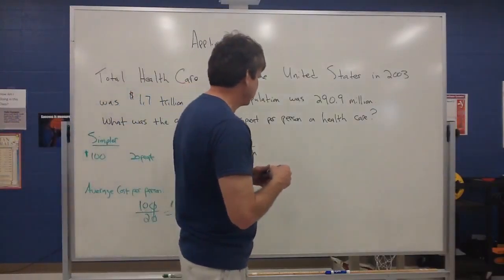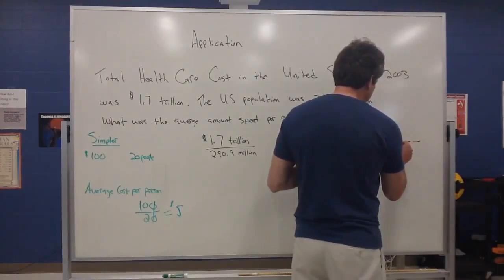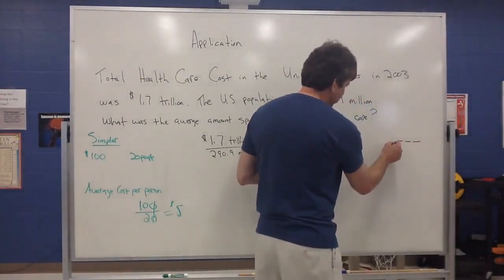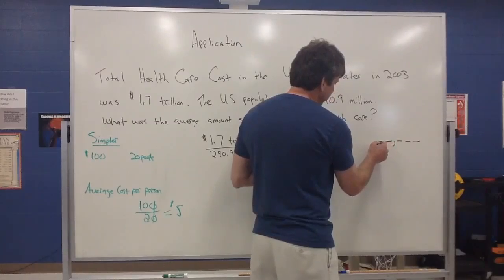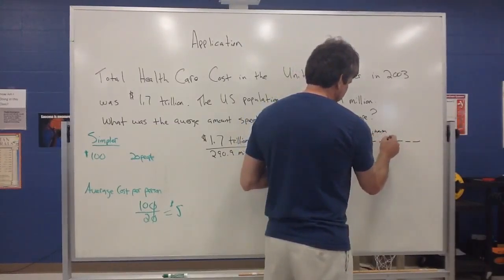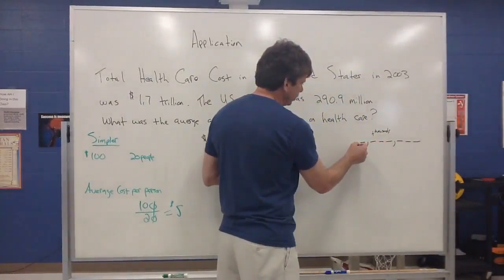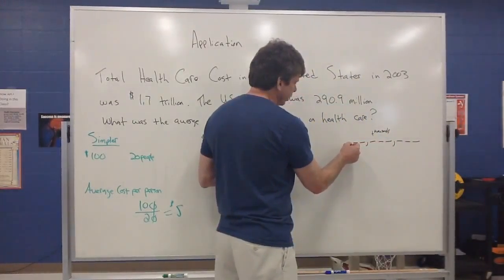Well, let's look at this. Based on our place values, we have ones, tens, hundreds. Then we have 1,000, 10,000, 100,000. So this is our thousands place. Then after thousands, we have 1 million, 10 million, 100 million.